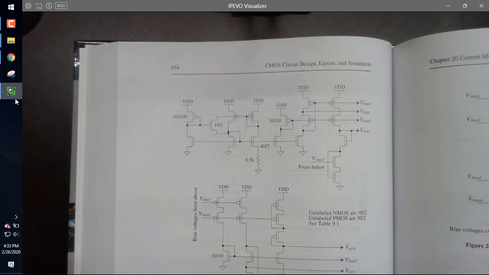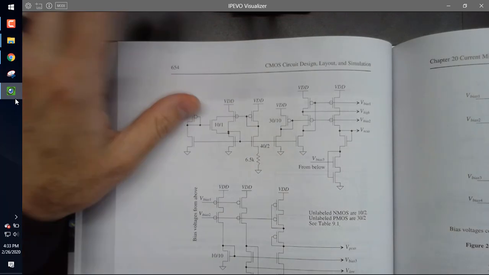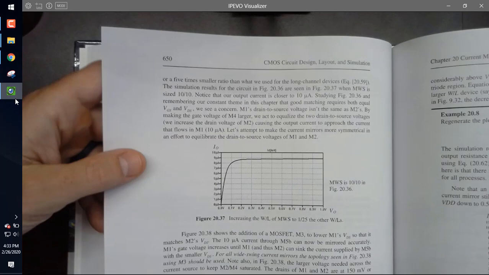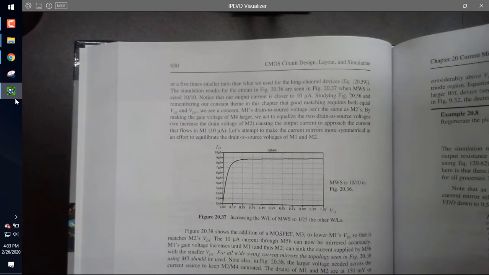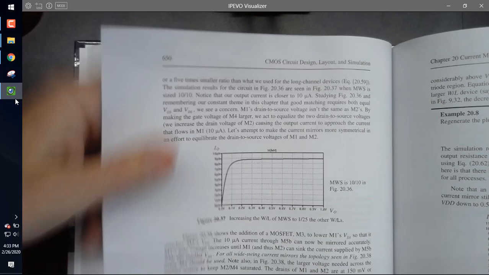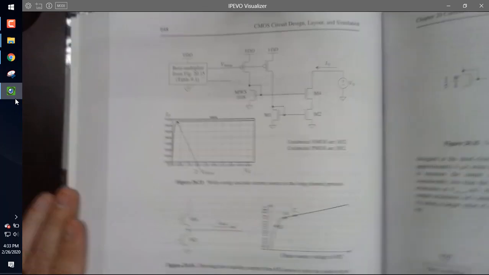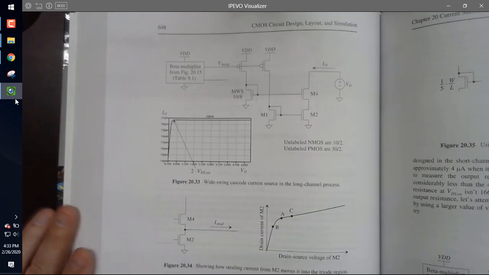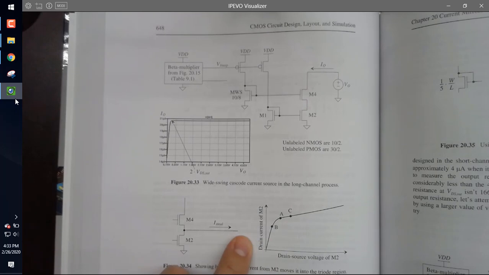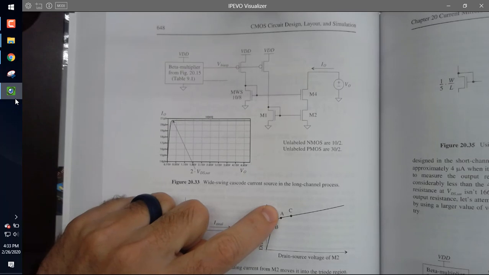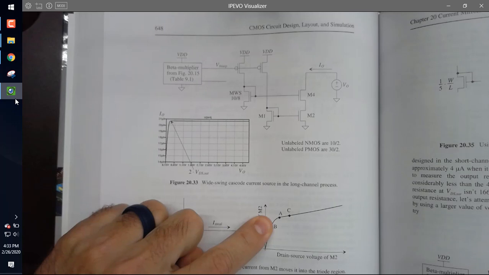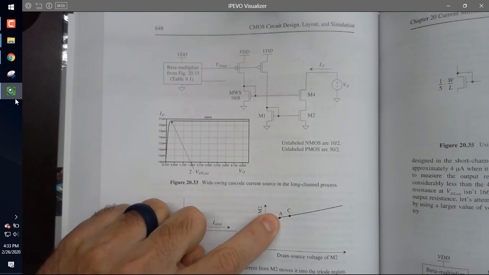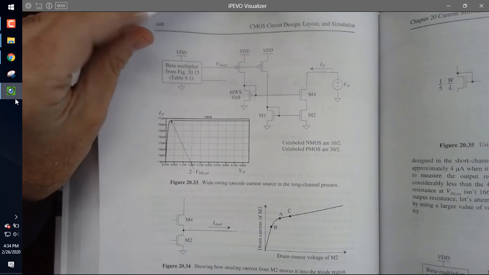When I make it 1/4, remember we talked about this a little last time? Let me show you in a figure. Oh, PowerPoint's good. See in the figure here? When I bias, I'm biasing right on the edge of saturation and triode. That's with the 1/4. Okay, so let me make sure we follow that.